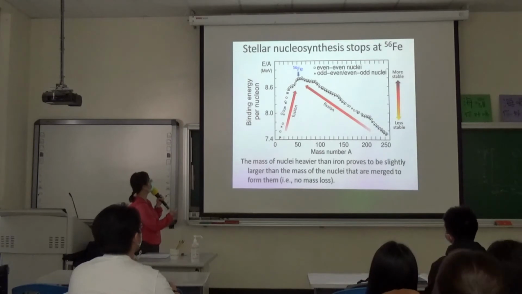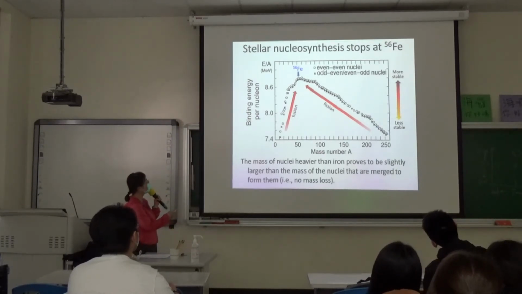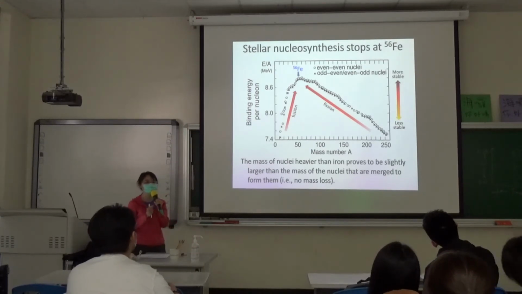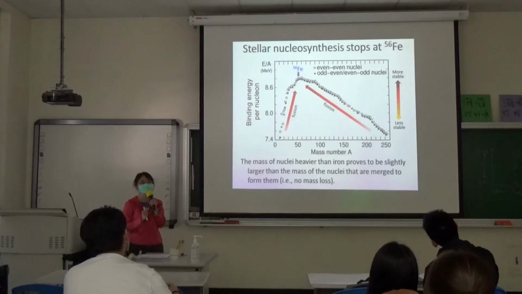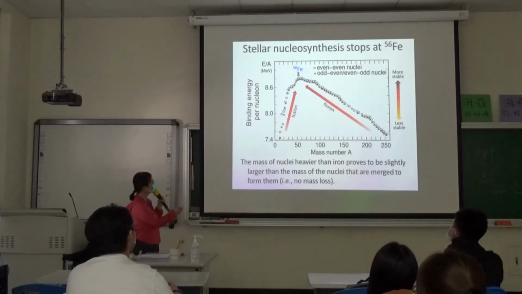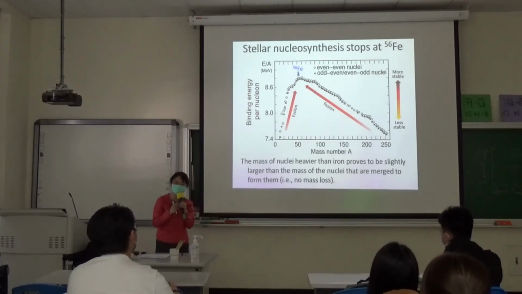This is the binding energy per nucleon. Apparently, iron 56 is the most stable nucleus in the universe.